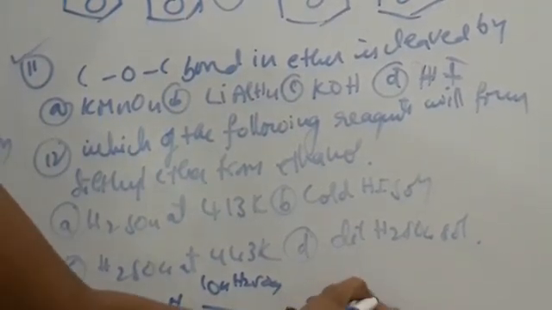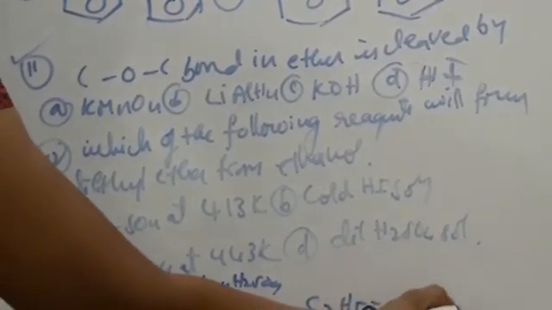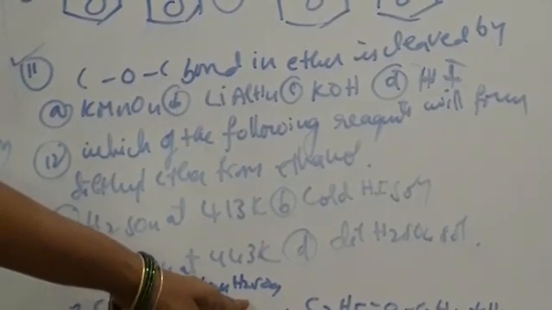We get diethyl ether. So this is the reaction which takes place generally, okay. So here reagent is concentrated sulfuric acid at 140 degrees centigrade. Here temperature is given in Kelvin scale, okay. So option is H2SO4.